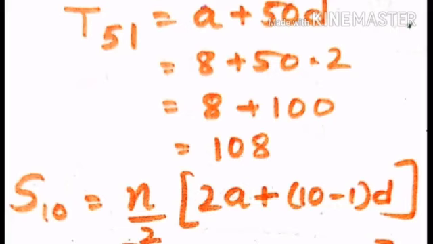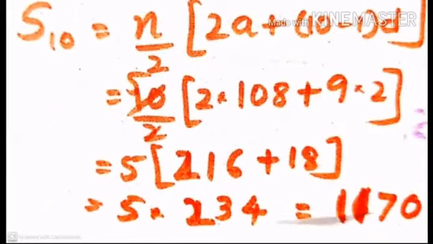Now I substitute the value of n. N is 10. Then A is the term 51 of this last 10 terms. So accordingly you have to substitute the values. N is 10, A is the term 51, and D is 2, which I have kept here. So now the calculation: 10 by 2 is 5, and 108 into 2 is 216 plus 9 2s are 18.